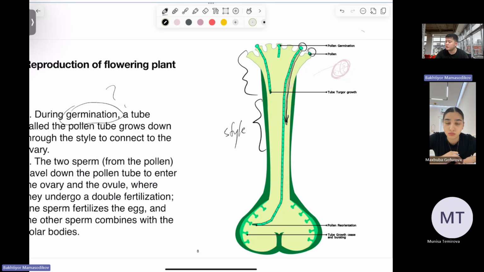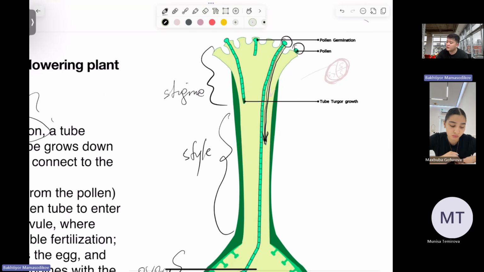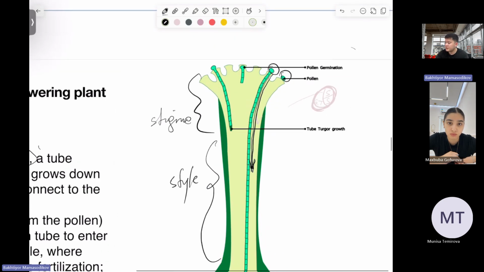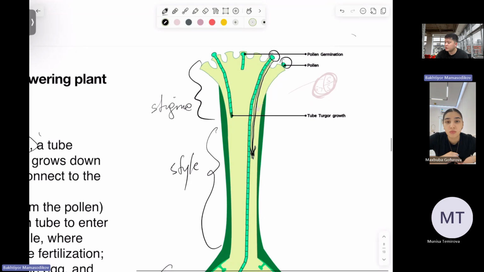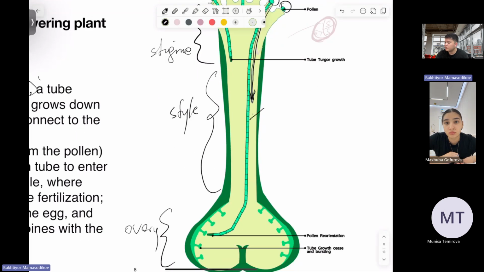This portion is called the stigma, and this is also style. This portion is called the ovary. So the pollen is attached at the stigma and it's growing. This is called the growing tube.